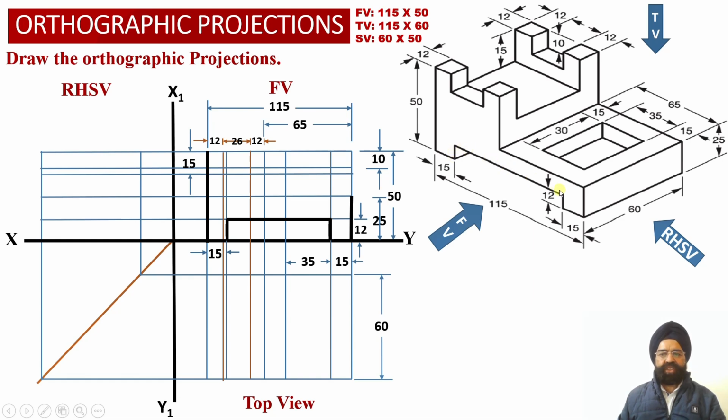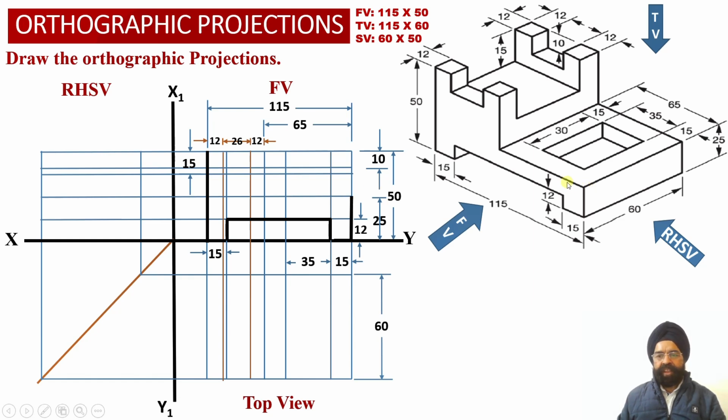This rectangular slot will be visible to the observer, and the base corresponding to the second leg of the solid will be visible to the observer. And then this height 25 millimeter corresponding to element number 1 will also be visible to the observer. So this way all these edges which are visible to the observer corresponding to element number 1 we have been able to join with the help of object lines.